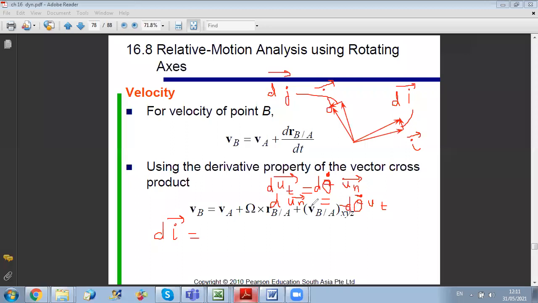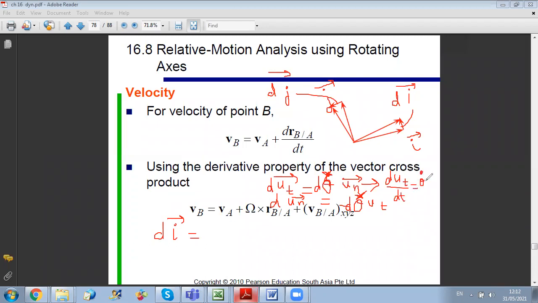So when you divide by dt, dUT over dt becomes theta dot UN. dUT is d theta UN, and dUN is minus d theta UT. When you divide by dt on the two sides, you get dUT by dt equals theta dot UN.